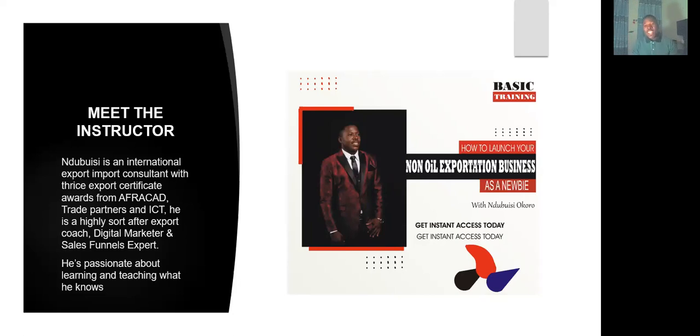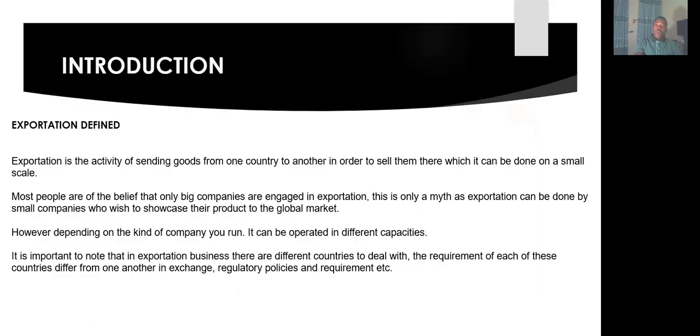It's funny that last year we did peanuts and chin chin, and the peanuts and chin chin reached the UK before me while I was still in Nigeria. I thought, this is not good, but there was nothing to do about it. I'm also an international export-import consultant, and I have an award certificate from Africa Trade and the rest. So I'm going to share with you what today's course is about.